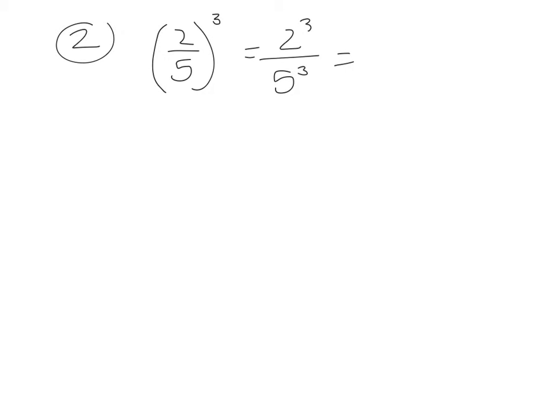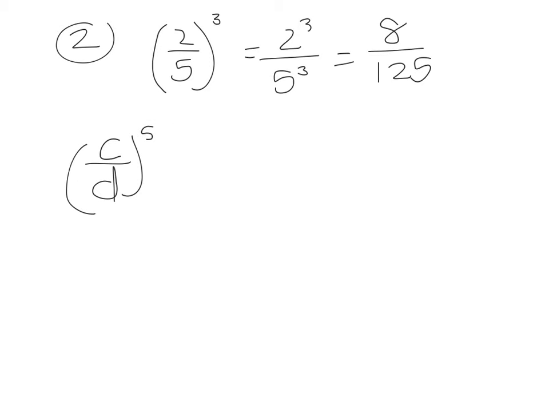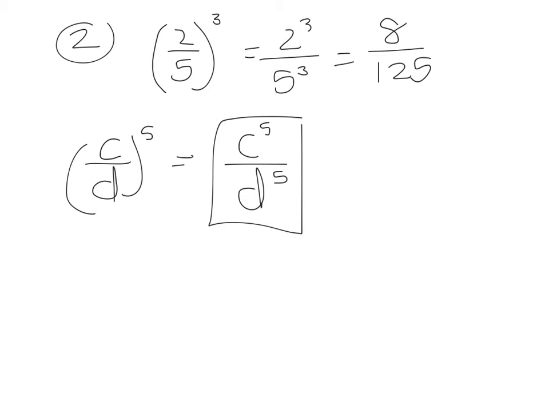And if you're going to work that out, that would be 8, 2 times 2 times 2, over 125. 8 over 125. Okay. So if you have variables inside the parentheses, then the same thing is going to be true. So c over d to the 5th is going to give me c to the 5th power over d to the 5th power. And with this one, there's nothing more I can do with it. That one has been simplified as much as it can.